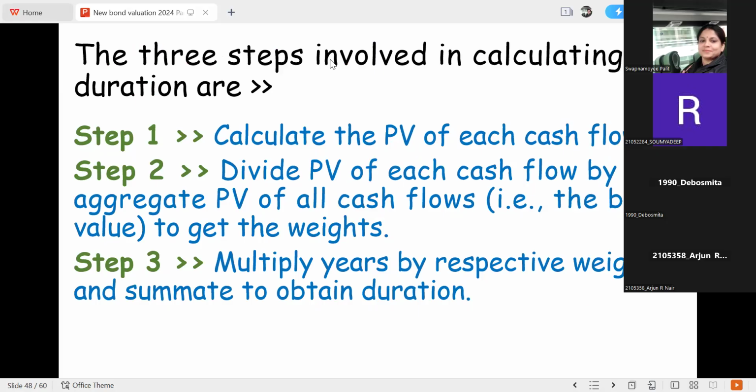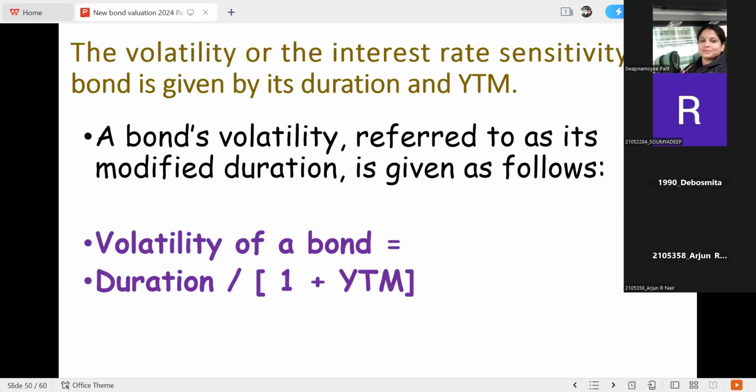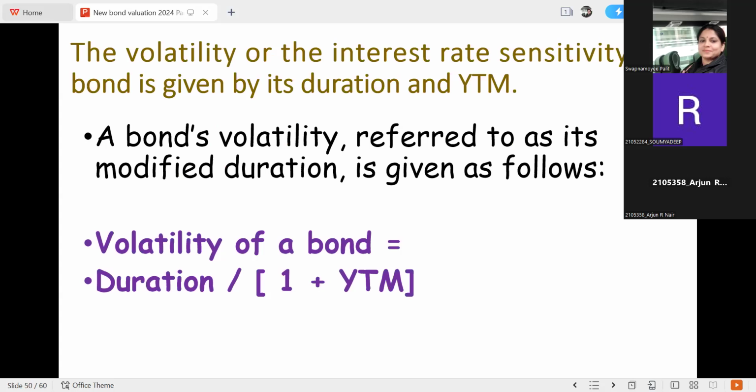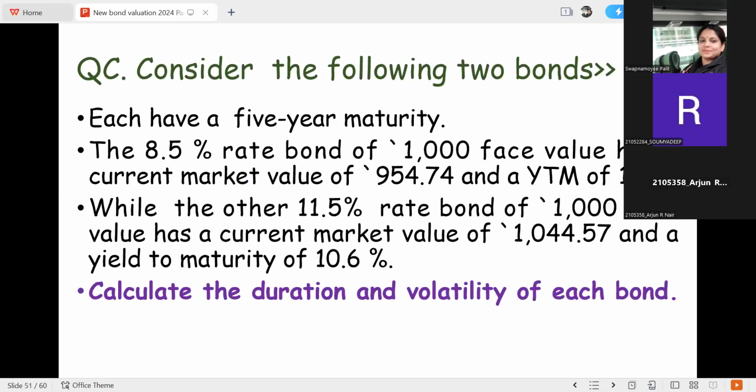Have you taken? Then take a snap of this formula. And this is what we are going to solve now. Devasmita? Arjun?